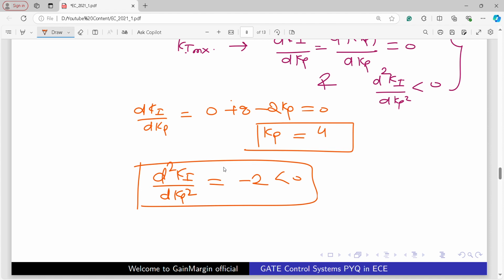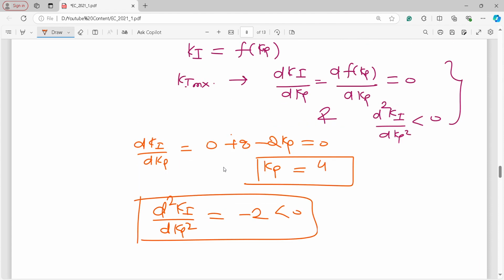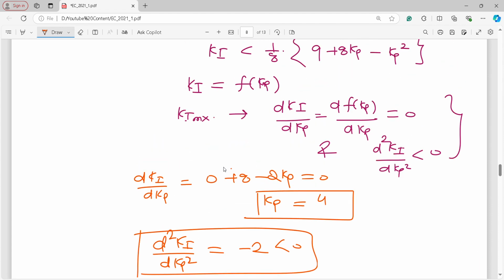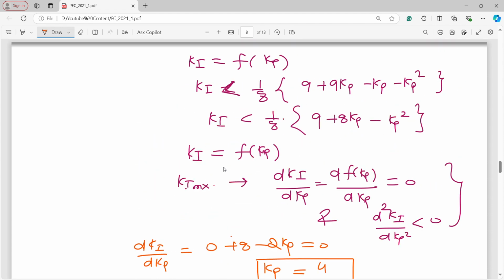So what is the ki maximum value? You can see here ki less than 1 by 8 of 9 plus 8 into 4 minus 4 square.